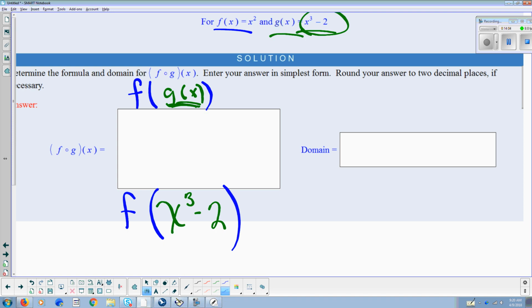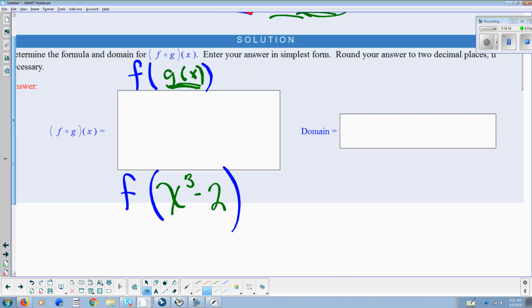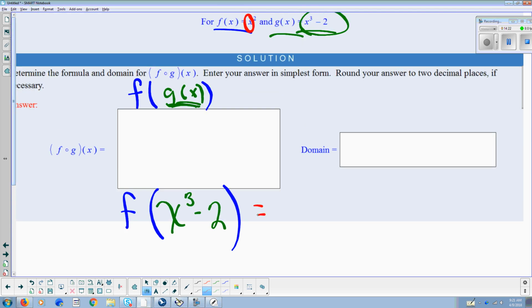Now, finding f of x cubed minus 2 means replace x in the f function, so replace this x with the expression x cubed minus 2. So this would equal x cubed minus 2 squared. I squared it because the f function says x squared.